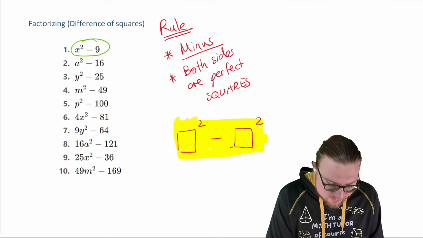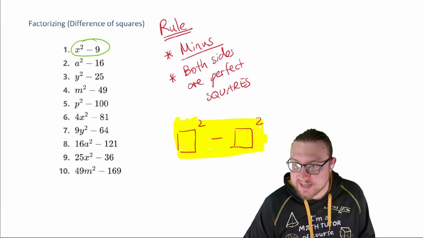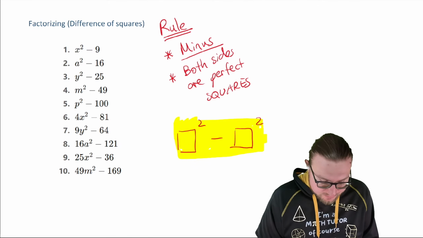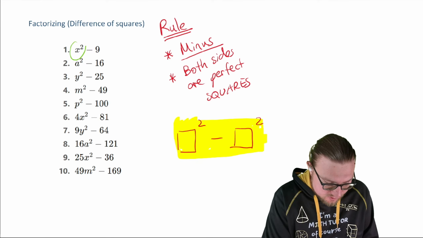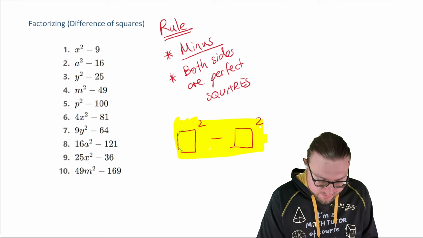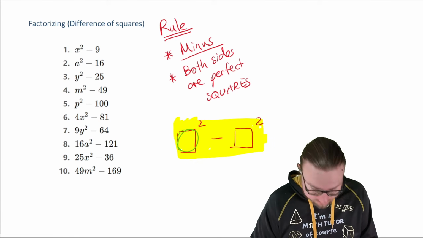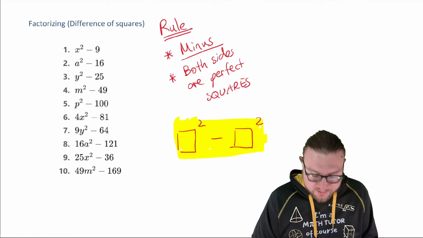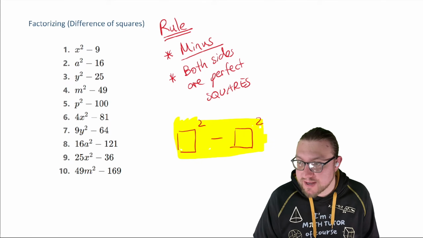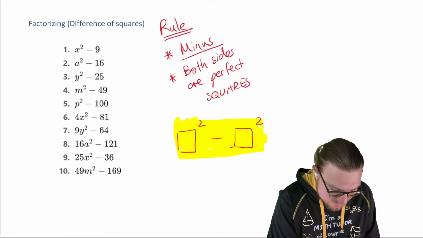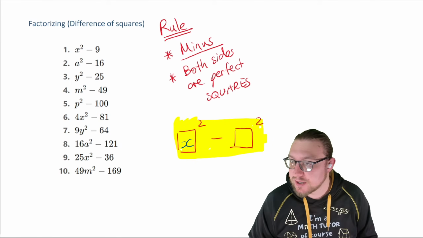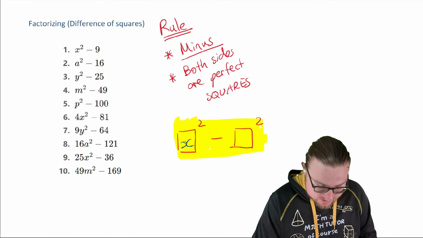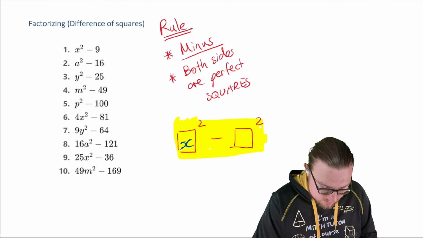So if we have a look at the first one, x squared minus 9, what we want to do is write this first part here as something in the box squared. Well, x squared, in order to make it a square, we better have an x by itself. If we have x in a box and we square it, then we get x squared.